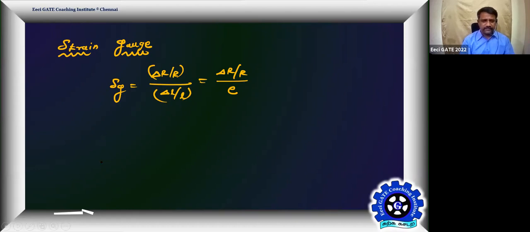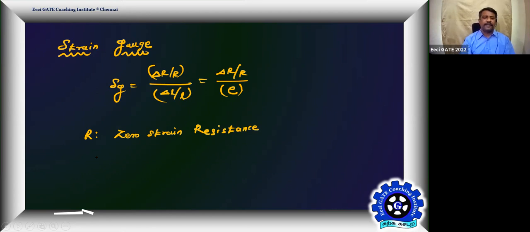Ready? Yes, sir. Okay, so here R is nothing but the zero strain resistance of the strain gauge. It is called the zero strain resistance or unstrained resistance of the strain gauge. I'll show you the representation of the gauge, how it can sense the strain.